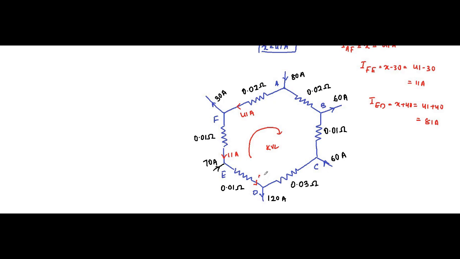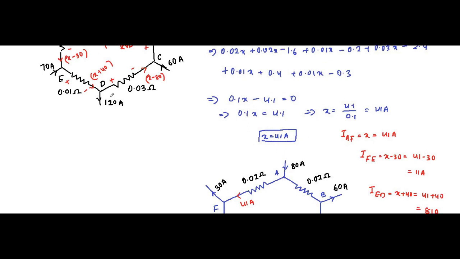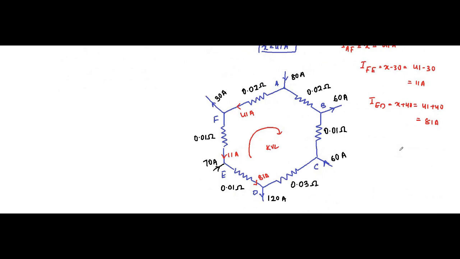Then the current flowing through DC is X minus 80, which is equal to 41 minus 80, so that will be minus 39 amperes.